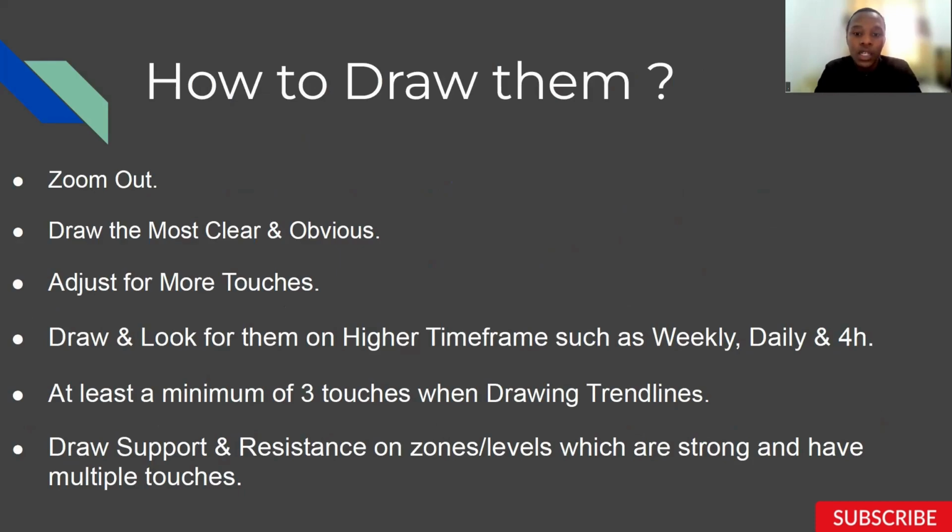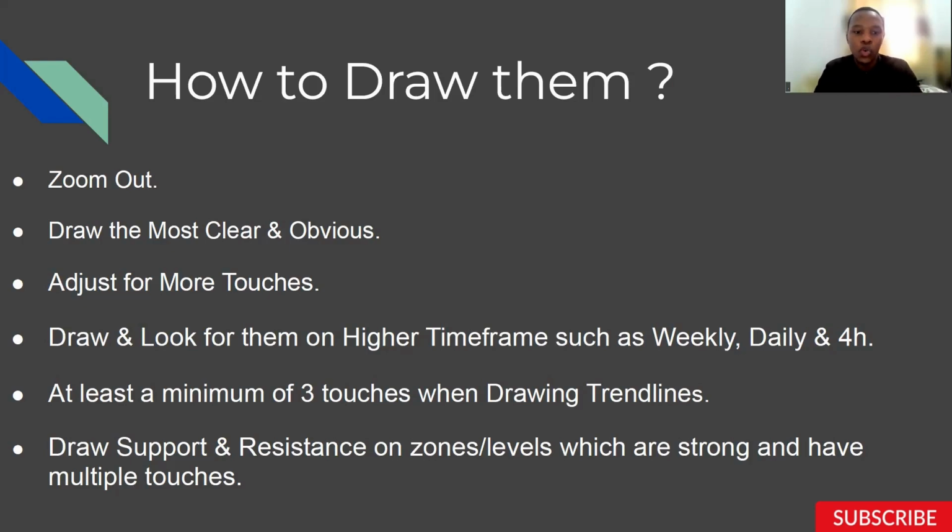I always say that whatever support, level or trend line you put in the market, whatever technical element you put in there, you must have an intention behind putting that technical tool, because you're not just putting them for the sake of putting them. If you draw them correctly, they're going to work for you. If you do not draw them correctly, they're going to work against you. So it is important to know how to draw these technical tools.